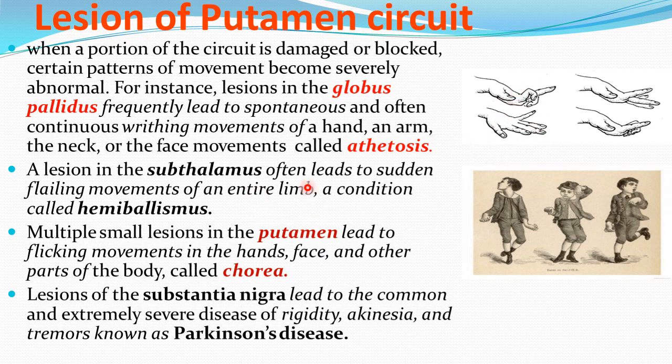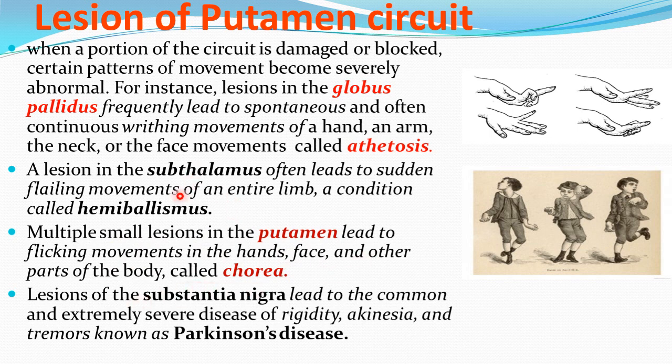A lesion in the subthalamus often leads to sudden flailing of half of the body, known as hemiballismus. Involvement of the subthalamus leads to an increase in unwanted movement. These unwanted movements are known as hemiballismus or athetosis. Multiple small lesions in the putamen lead to flicking movement of the hand, face or other part of the body, known as chorea.